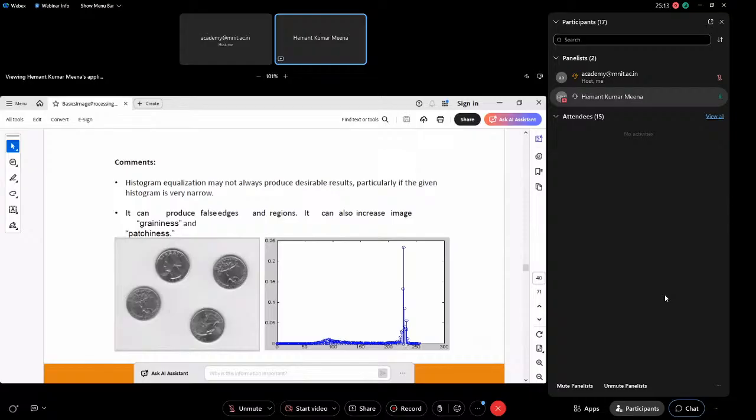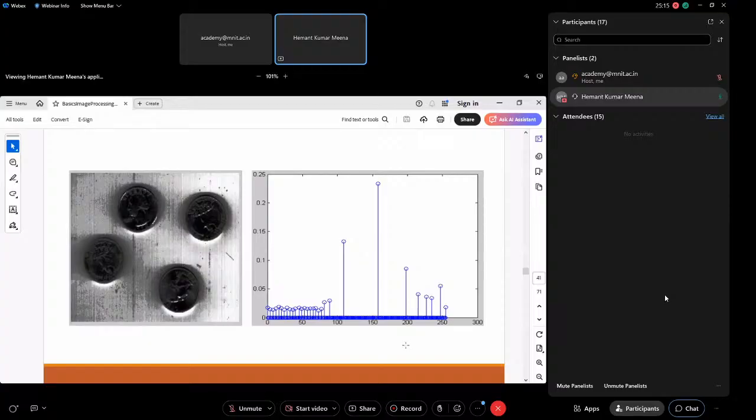Can we check it out? Yes, we can. This is basically the one. This is the histogram equalized image. Again, no more detailed information, no more clarity is visible on the currency coins.